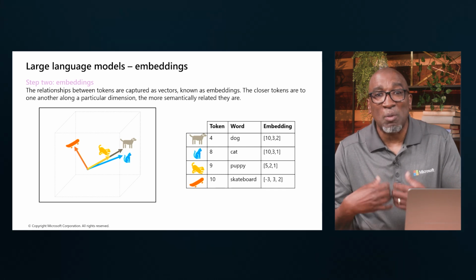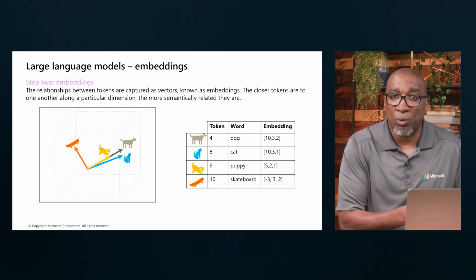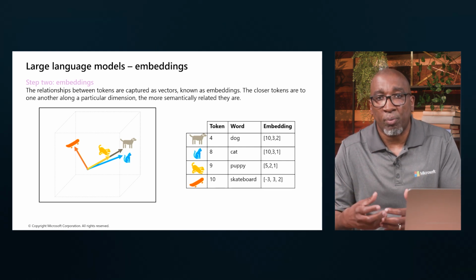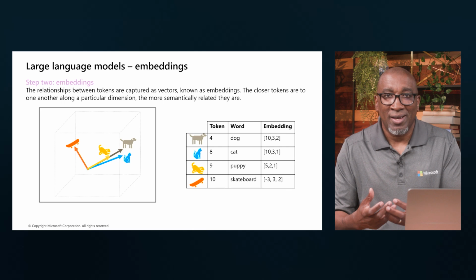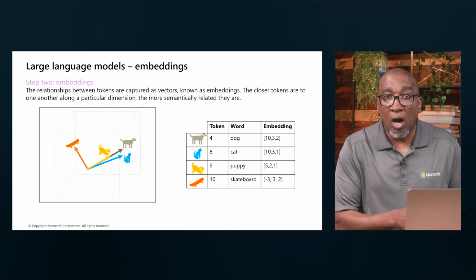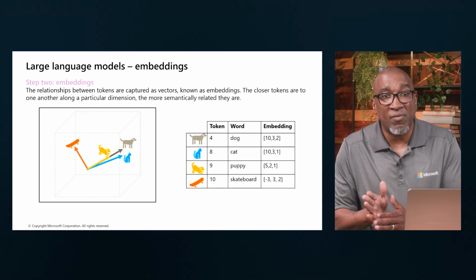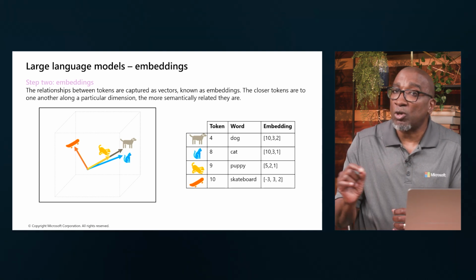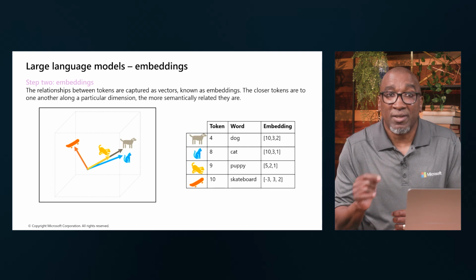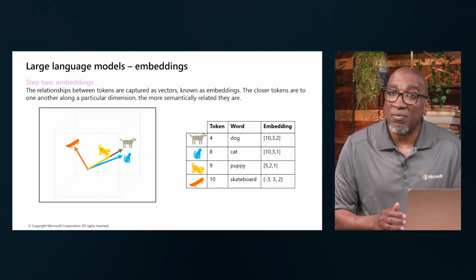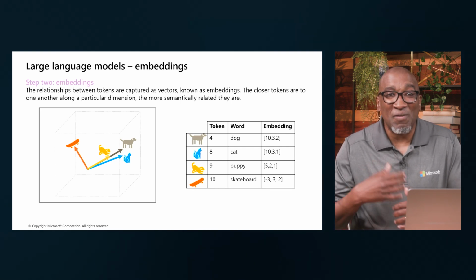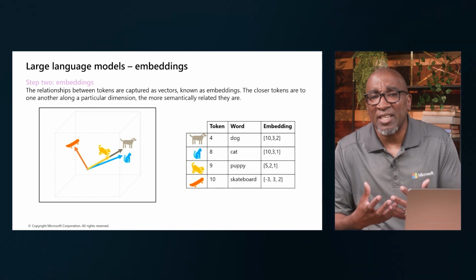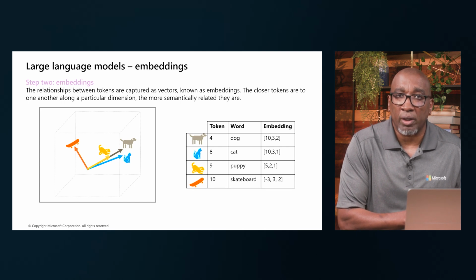These embeddings help the model understand the semantic relationships between words, enabling it to generate contextually appropriate responses. In the example you see here, dog and puppy exist in the same vector. Cat is on a different but similar directional vector, but skateboard is in a completely different vector and direction. This is a very simple representation, but it helps convey the basic idea of how large language models work.